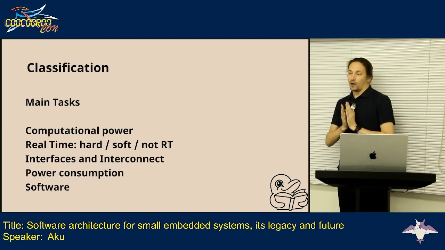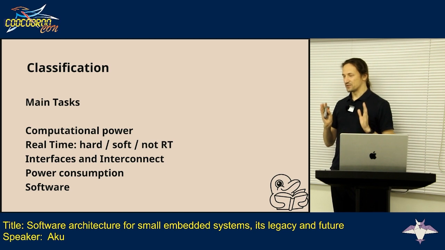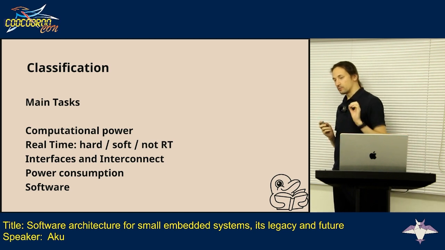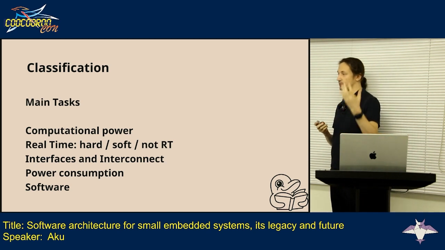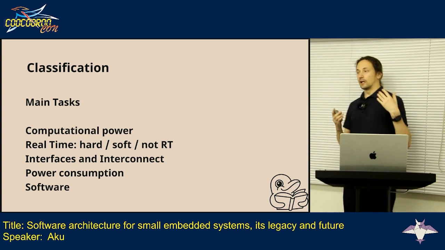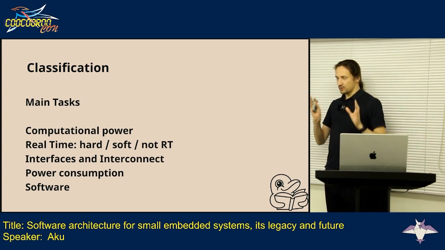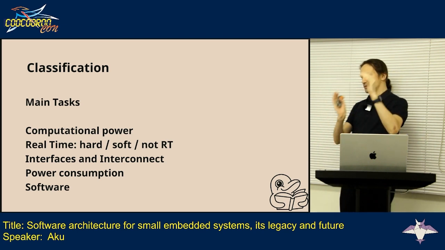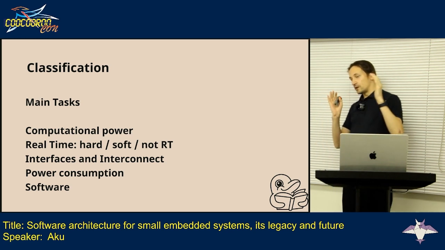We can classify all those systems, first of all, by the task they perform. For example, you have a car, and inside your car you have an ECU, which performs fuel injection and engine control, and that is the main task. Everything else is built around this idea. That's where we pick specific MCUs, specific peripherals, and that's how we build the whole system.